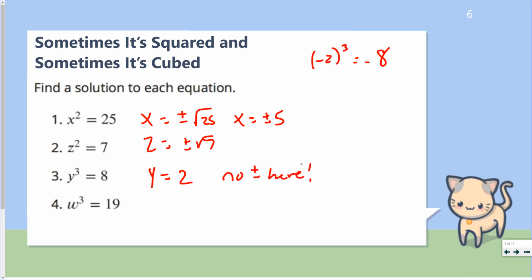The third power has one interesting advantage, in that you never have to worry about pluses and minuses. You can take the cube root of a negative number. So the cube root of negative 8 is equal to negative 2. So cube roots preserve signs, just as cubing does. And then finally, the last one here, w will just equal the cube root of 19 again. So we're just undoing the operation of the third power.